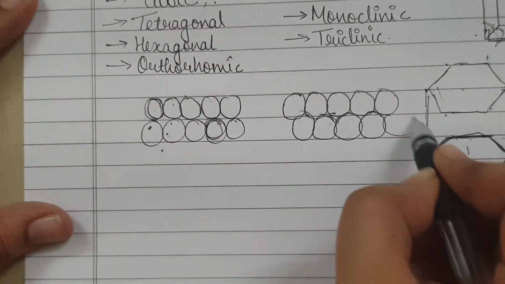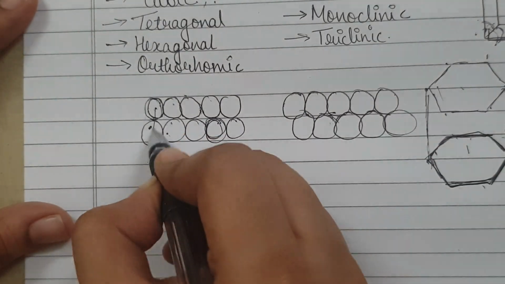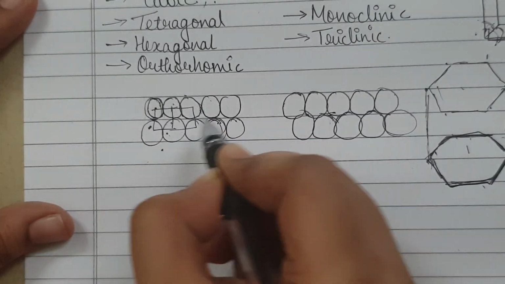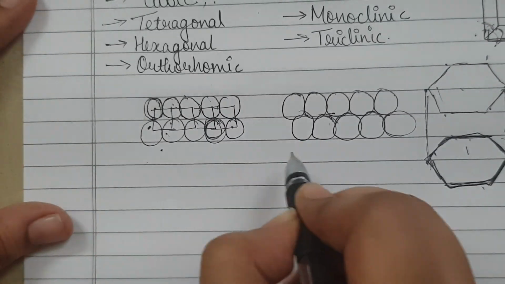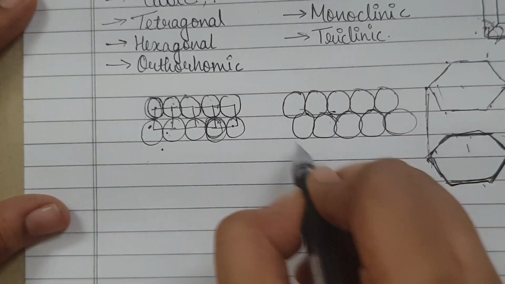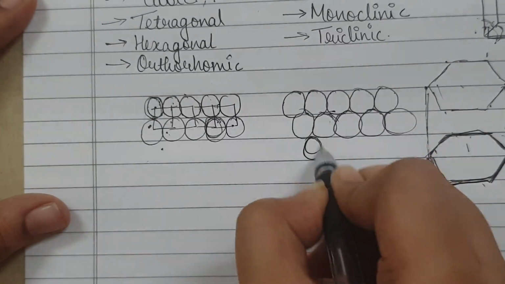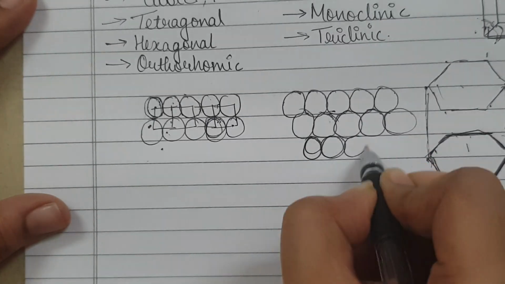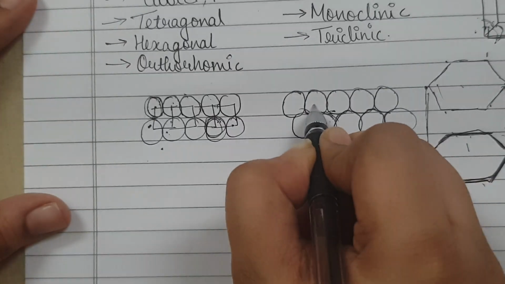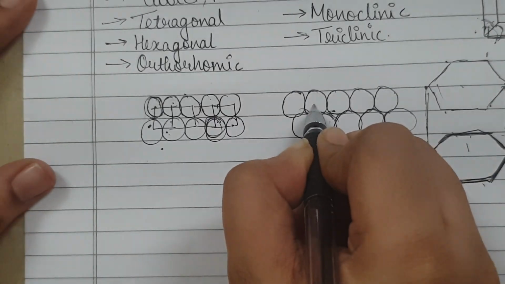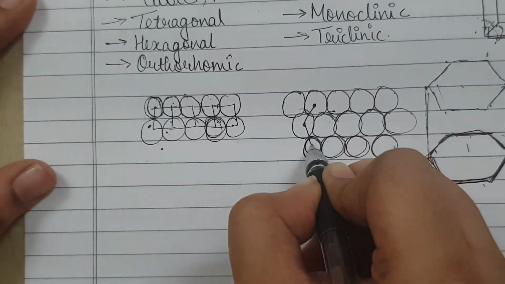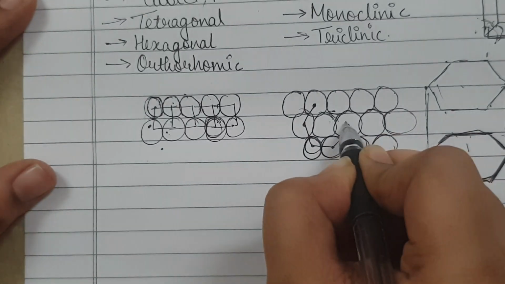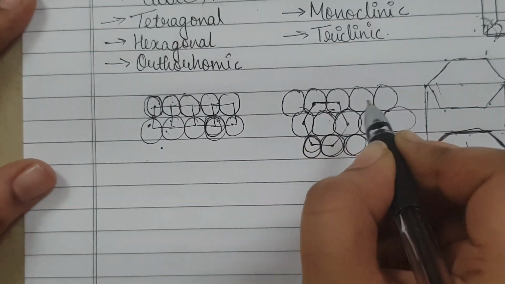Okay. Now when you're keeping it one under the other, if you join the centers of your different spheres or atoms, you'll get a square, correct. Now when you pack it like this, for example, if you have to join the centers of your spheres, you'll join this, this, this, this, this, this and this.